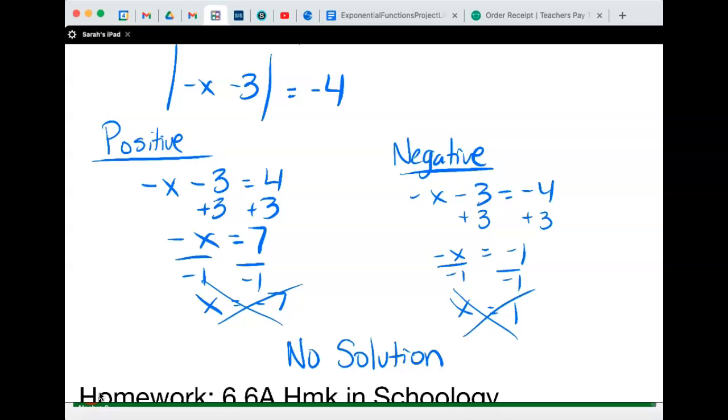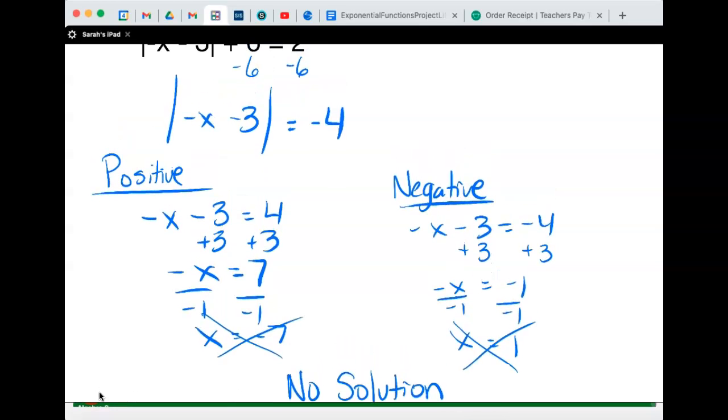But technically we could have known this before we even solved this, because it equals negative 4. Now what does this technically represent? Yeah, distance from 0, and I can't technically travel a negative distance.